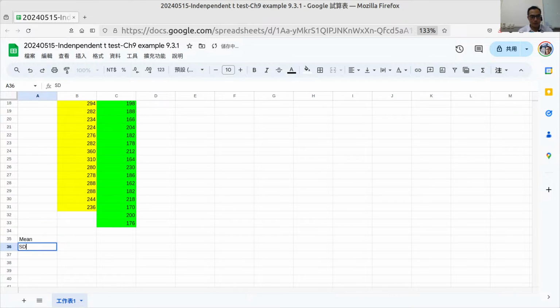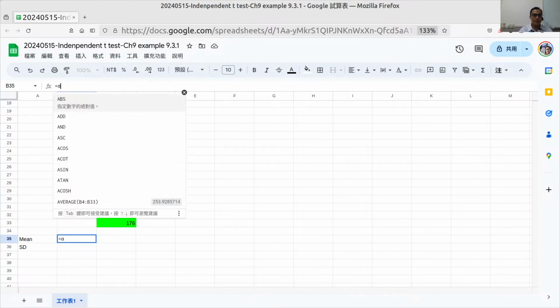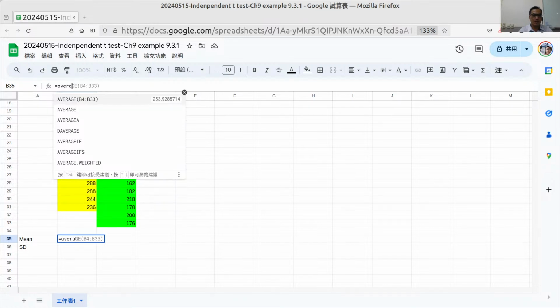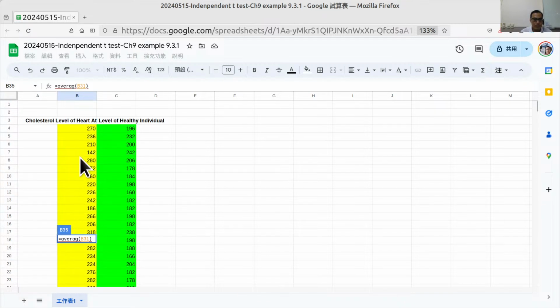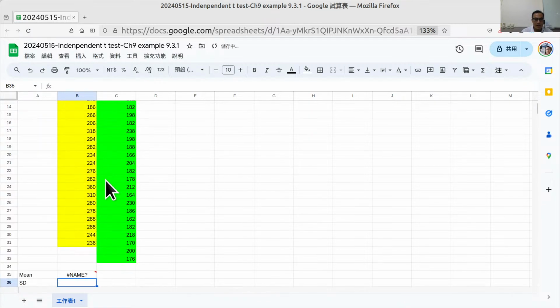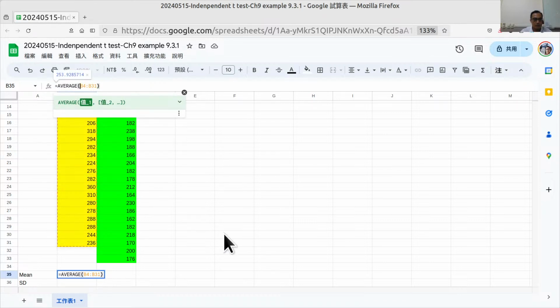And I calculate the sample deviation. Okay, the mean, again, let me review how to calculate. Plus, equal, and average, and the range is from here to here, and enter. Oh, what's wrong with it? Oh, okay. The average is here, okay?